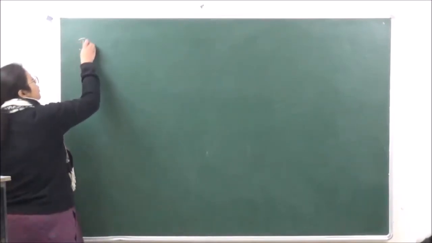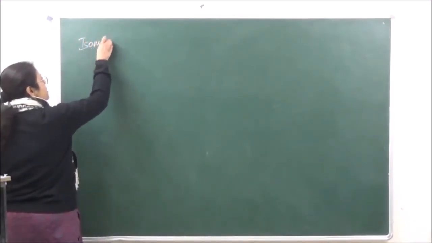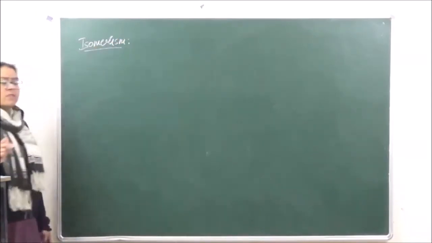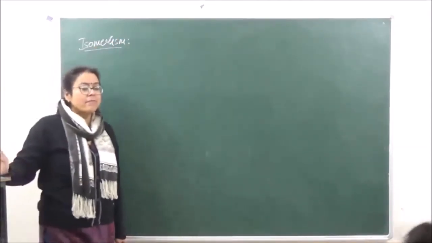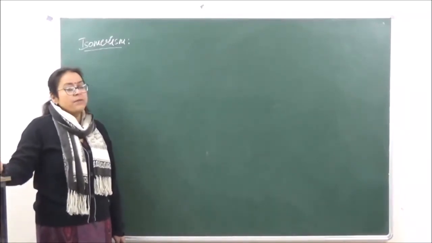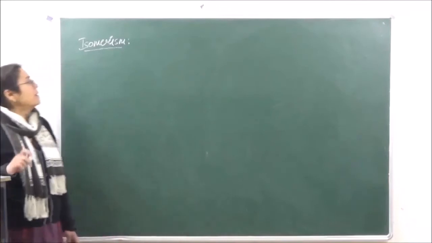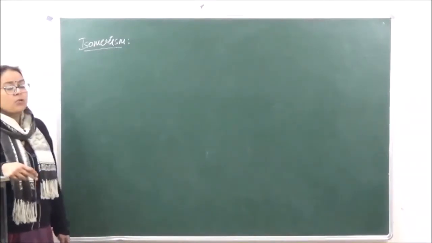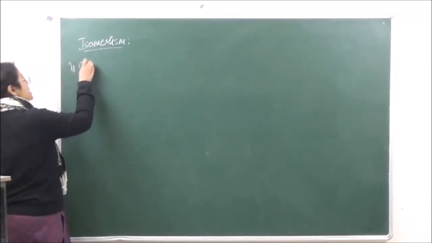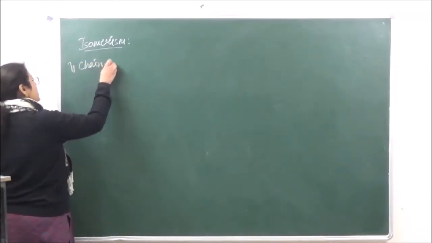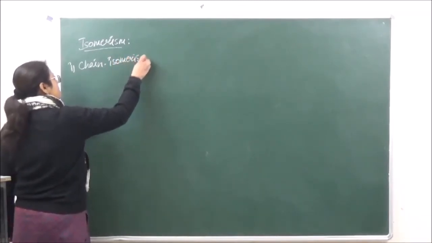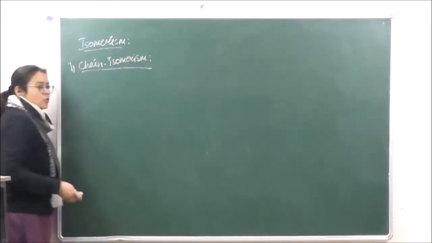You already are aware of what isomerism means. All those compounds which have the same molecular formula but have different structural formula, that is what isomers are. Now when we are talking of isomerism over here, the following isomerism is going to be shown by alcohols. The first one which we have is chain isomerism.